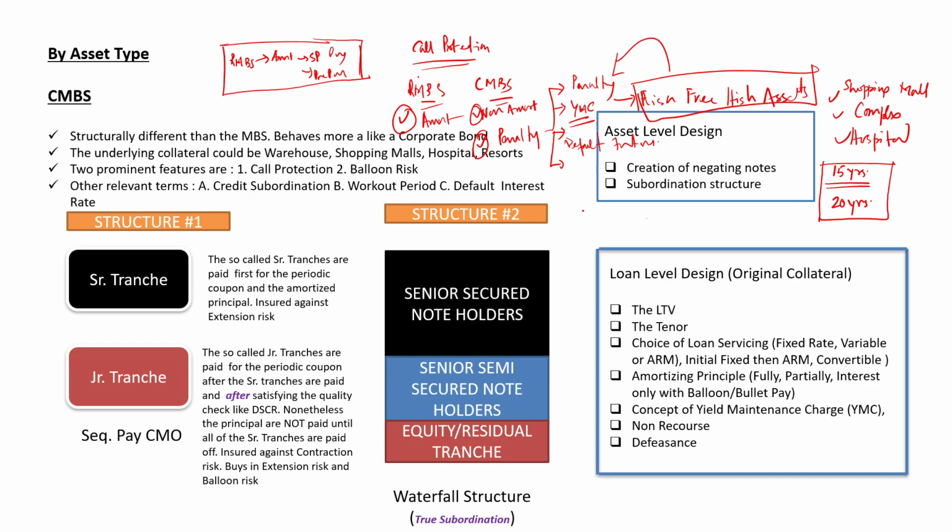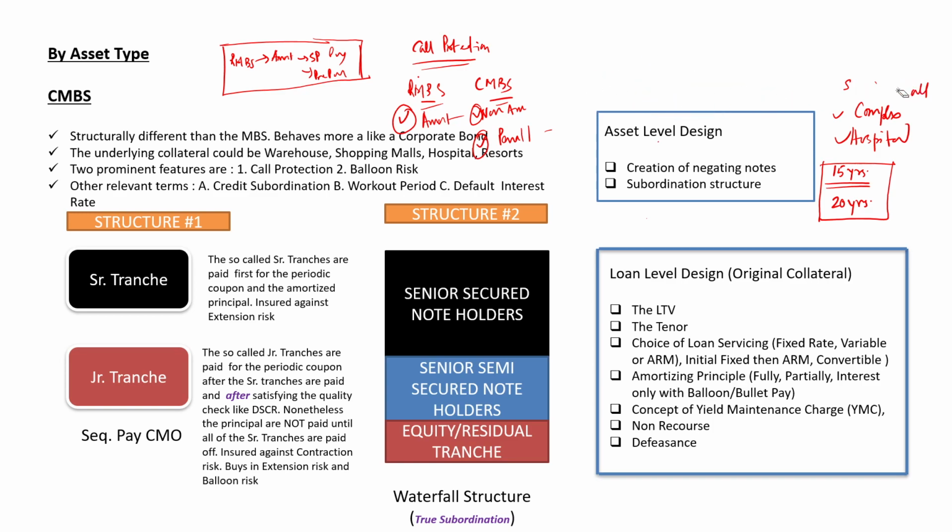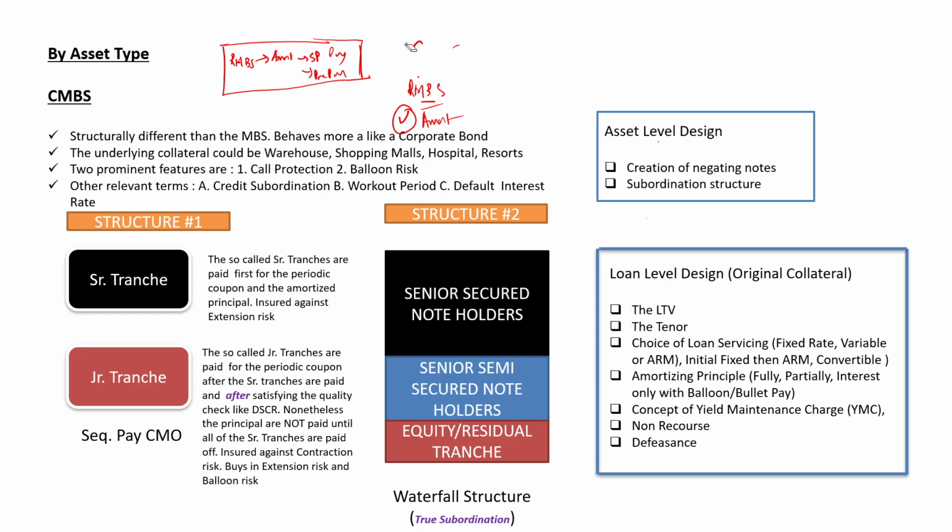The fourth important aspect is that of the balloon risk, and that is borne by the notes holder because of the non-amortizing nature of the security structure itself. So there is a probability that the borrower at the end of the tenor may be making a lump sum balloon payment of the principal, or at least a considerable portion of it.